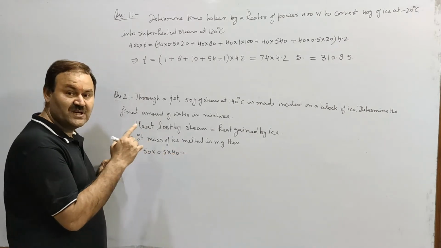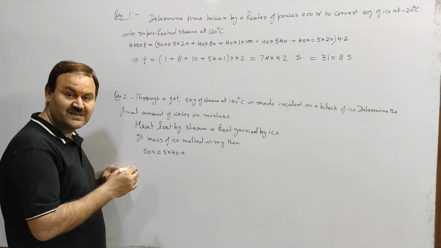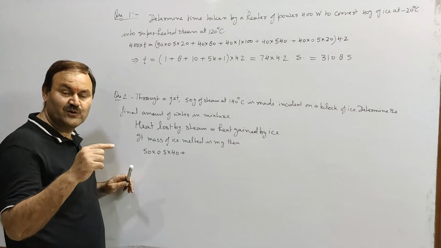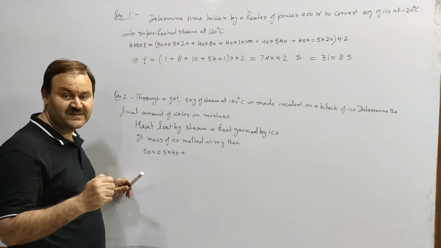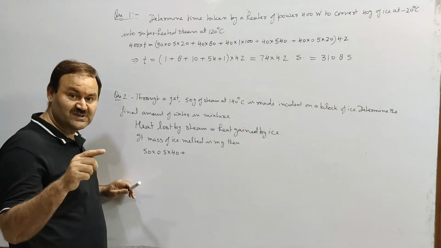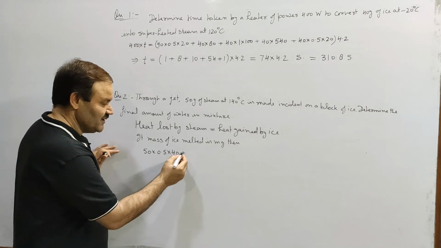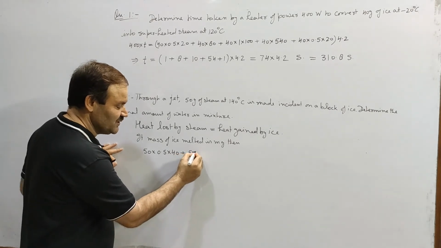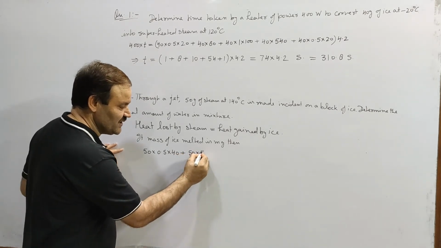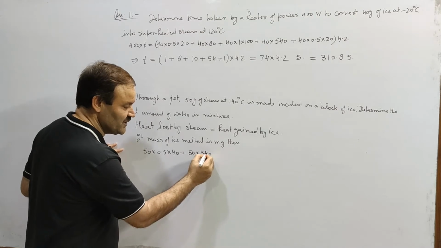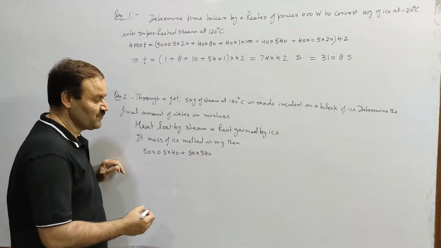Now the steam at 100 degrees Celsius will condense into water at 100 degrees Celsius, and for this process the latent heat required will be mass 50 gram into specific latent heat of condensation, which is 540 calorie per gram.